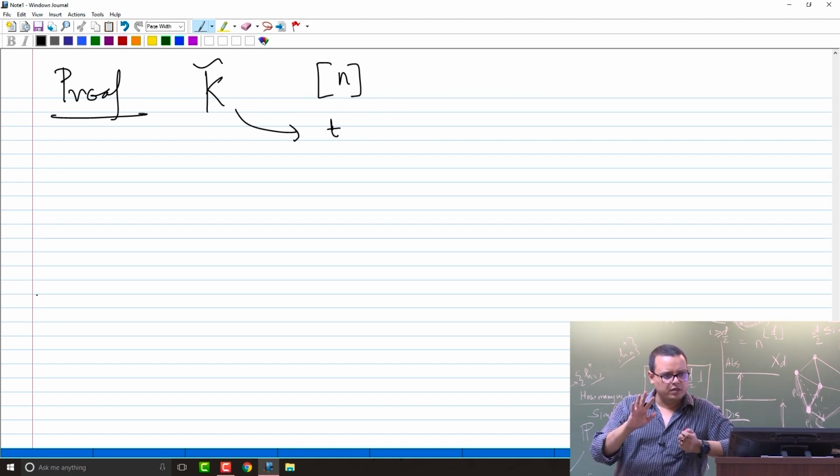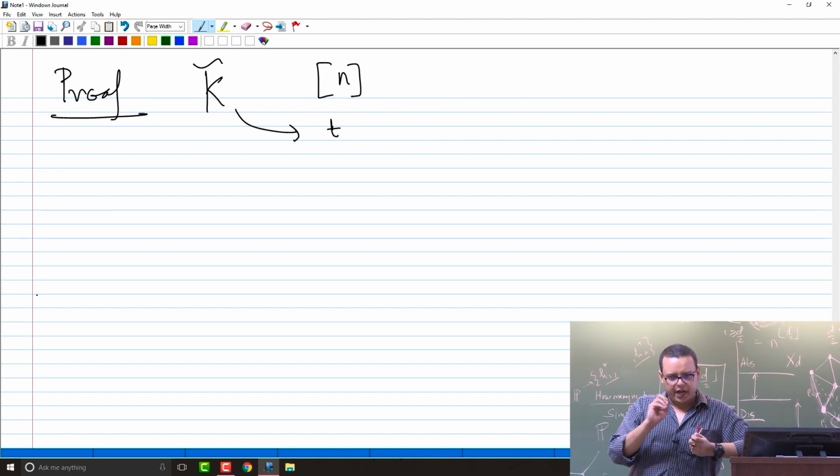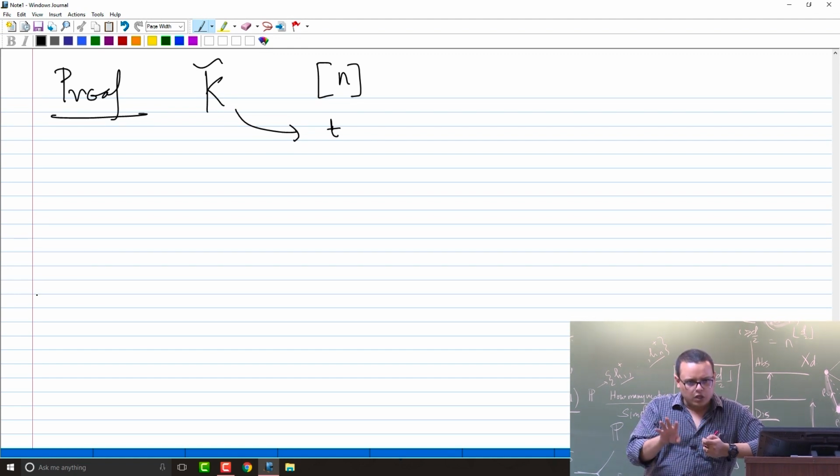Does it make sense? It will be a simplicial complex, subset property, downward closed, no problem.